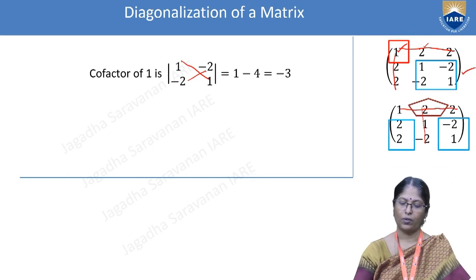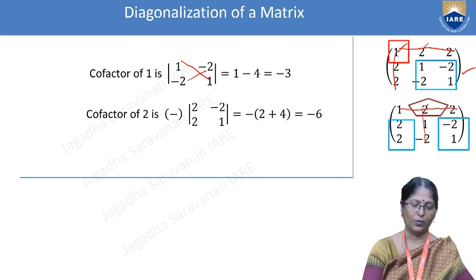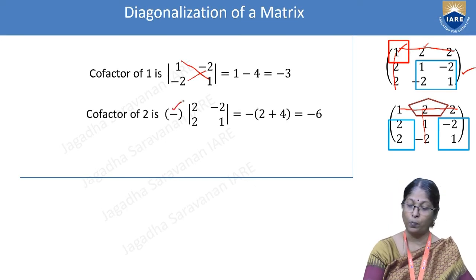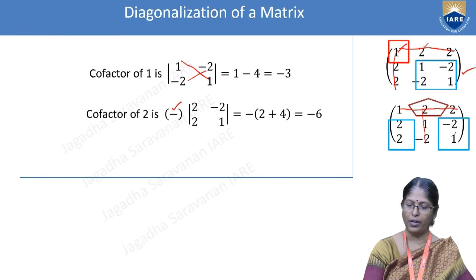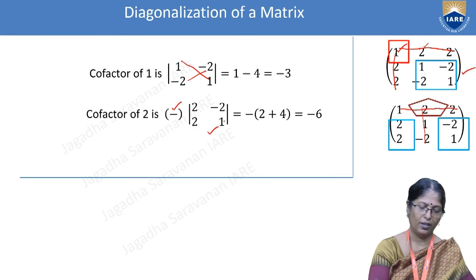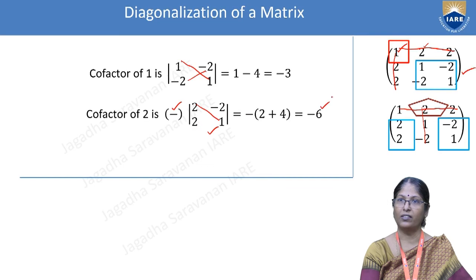That determinant value becomes the cofactor of this 2. That's why this minus sign is the position sign. Then the balance 2 minus 2, 2, 1. The determinant: cross value, this sign minus, 2 minus of this minus 4. It's minus 6.